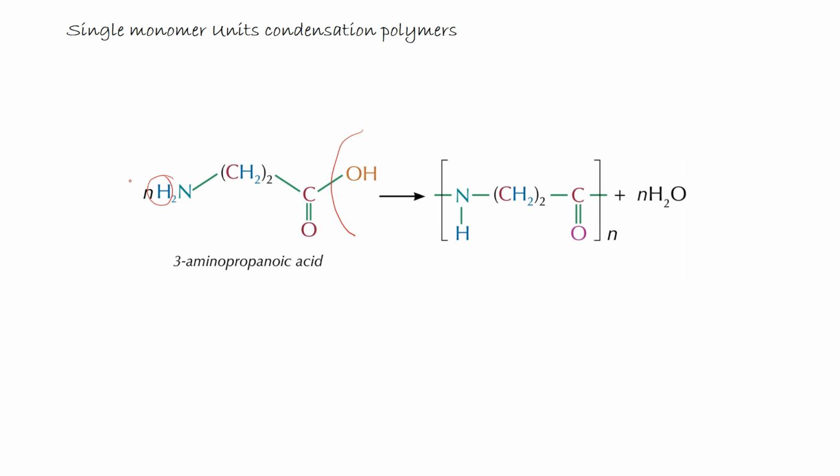We would form water as a byproduct, and this time we would have a smaller chain repeat unit which only consists of 1 amide group, and therefore we only have 1 water molecule per polymer repeat unit. As I say, we'll look at more of these polymers when we go and look at the amino acids and protein section in the future video.